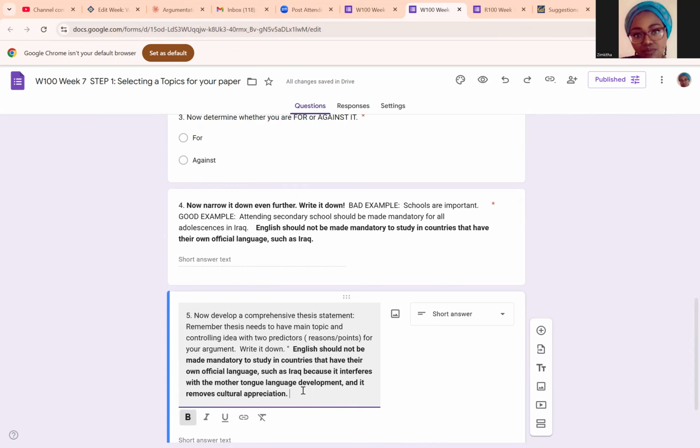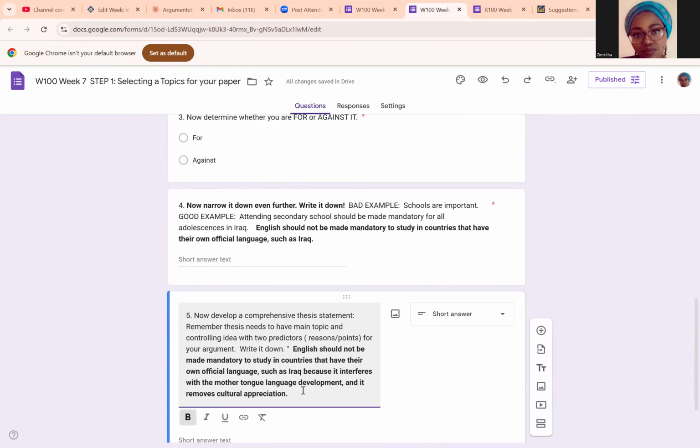For example, if somebody is Kurdish, it's better for them to study their entire career in their own mother tongue language, especially when the kids are very young. Or Arabic. If you're in China, it would be Mandarin, for example. And it removes cultural appreciation. A language doesn't just come with language, it comes with culture.